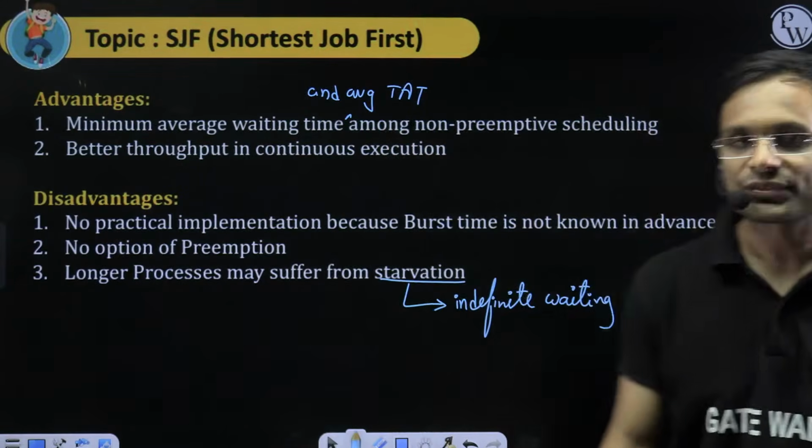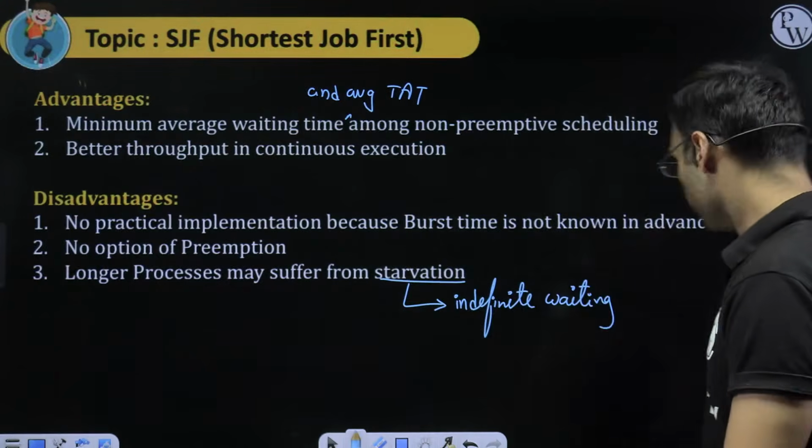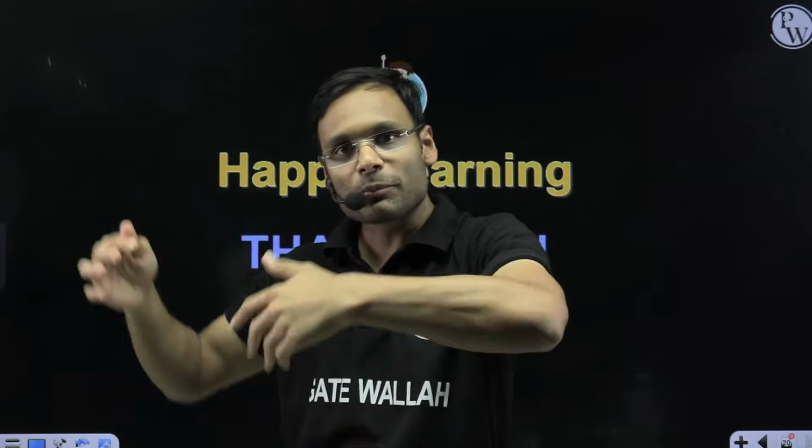That's why FCFS has no starvation, while here we have starvation. I hope you got that point. In FCFS, if P3 arrives after P1 and P2, then P3 will run after P1 and P2. P4 will not run before P3. Even if P5, P6, P7, P8, so many processes arrive after P3, P3 will still run first, and then all these processes.